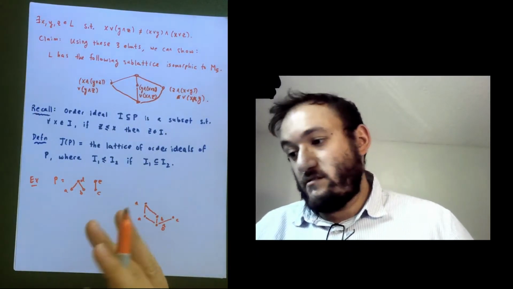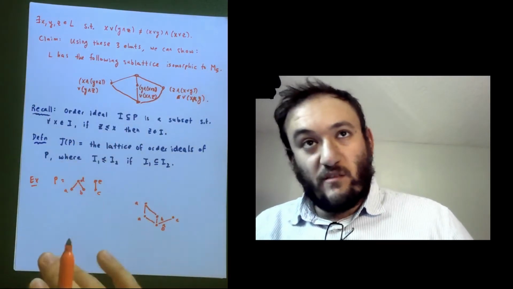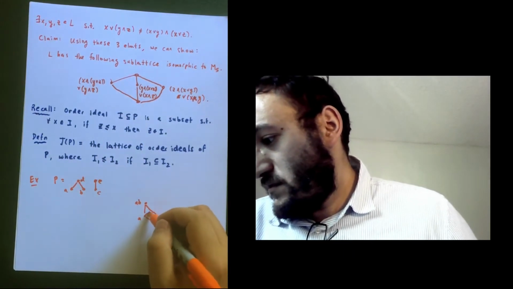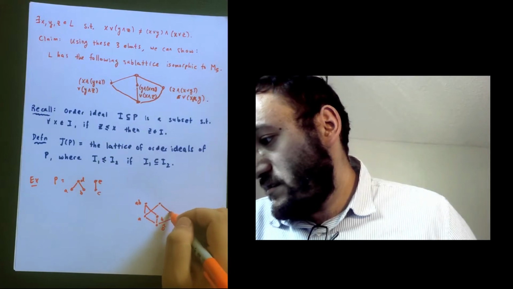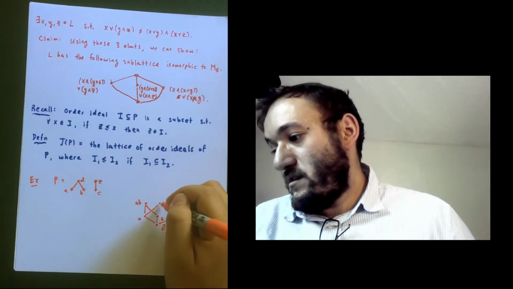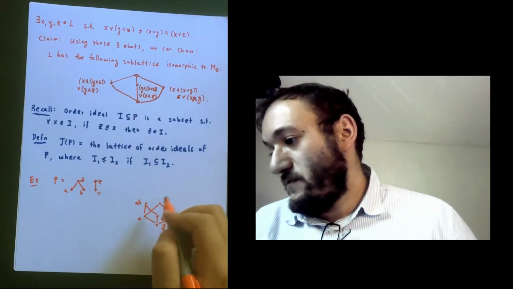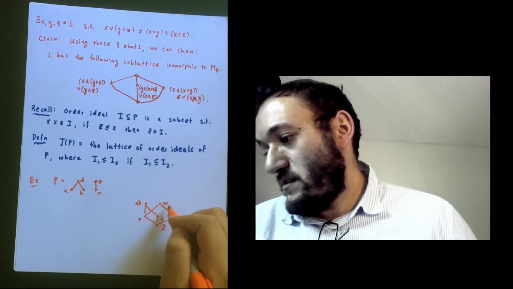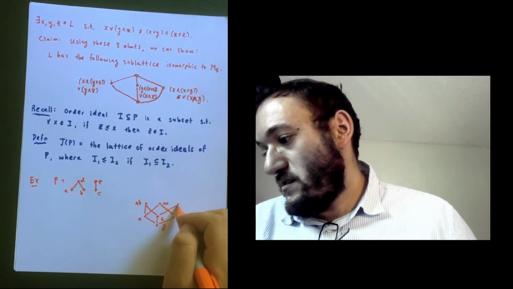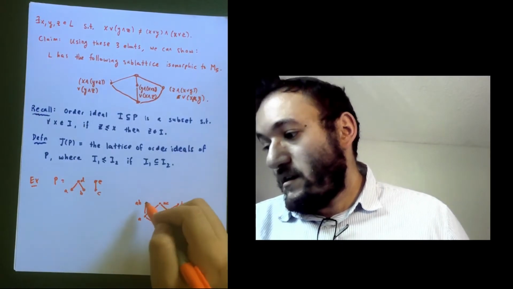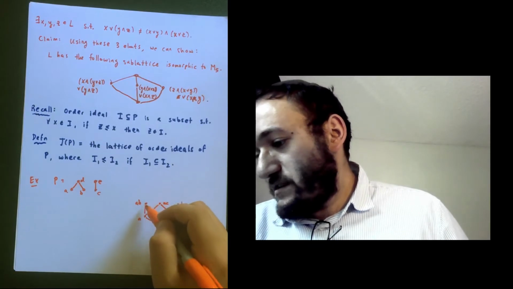None of the other elements of the poset are above them. Could also take, and notice that this order ideal is a subset of that order ideal, could also take AC. Could also take BC. And we could also take all three of them.